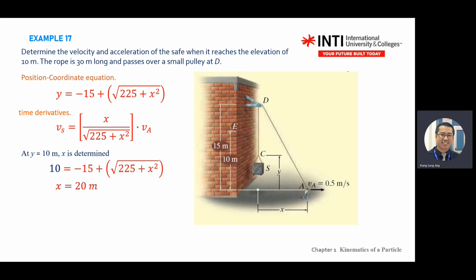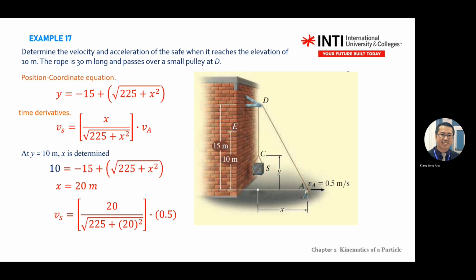Then you get 20. Once you get 20, you substitute inside the second equation, VS equal to something that we have in x. Then VA you know, VA is 0.5. So basically, you can find your VS. VS equals 0.4 meter per second. What is the direction of your VS?